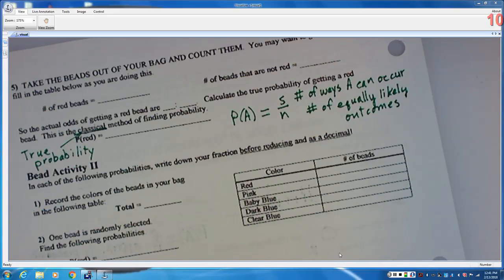This is where you put the beads in the bag, and you actually count the sample space, so you know it's the true probability that you get the red bead out of the bag. Then we compare those to 0.75 and 0.5 and 0.42, and so the third one was close. They were pretty far off.